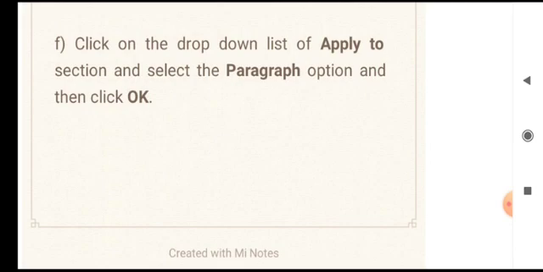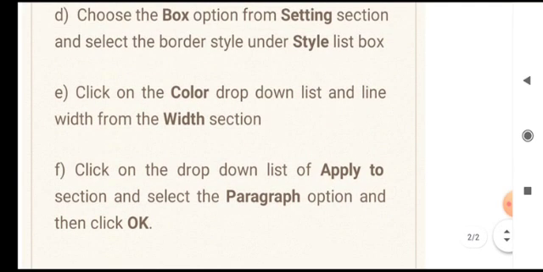We select paragraph, so it will be applied to the complete paragraph, not just one particular word, and then click OK. The changes will be seen once we click on the OK button. The border will be applied.